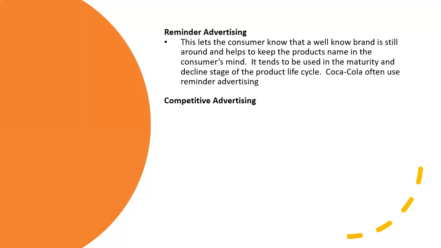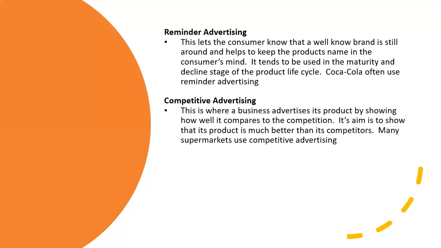Competitive advertising. This is where a business advertises its product by showing how well it compares to the competition. Its aim is to show that the product is much better than its competitors. Many supermarkets use competitive advertising.